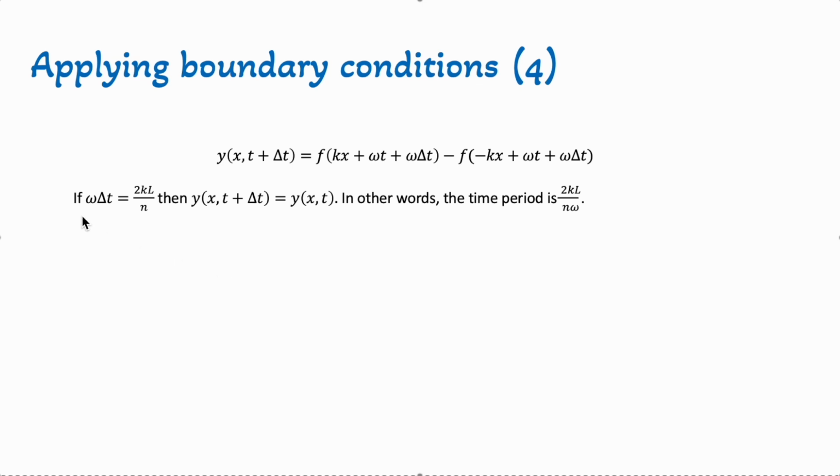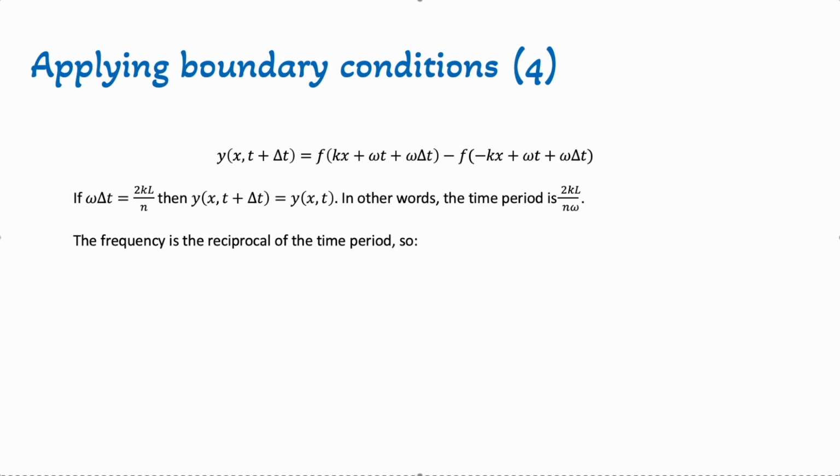So if omega delta t is 2kL over n, then we get back to where we started again. If we divide both sides by omega, we now get a time period of 2kL over n omega. So this is really important, because it means we've found out about the time dependence of y. All right, so far so good.